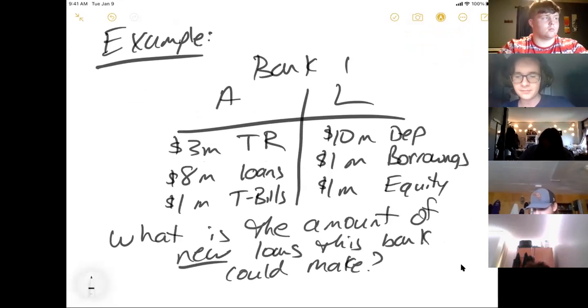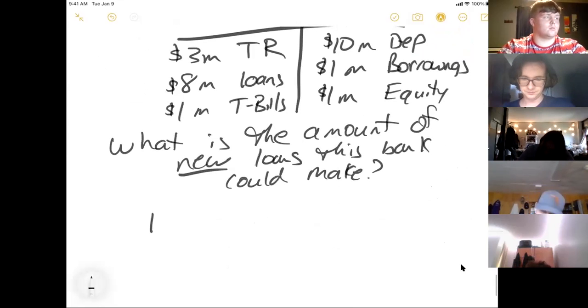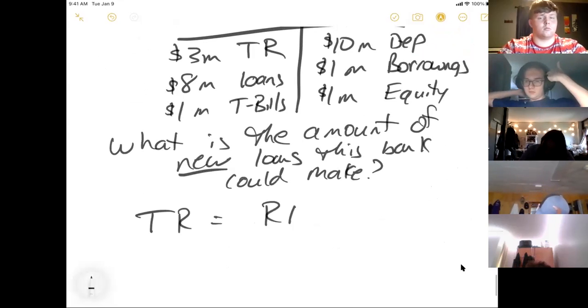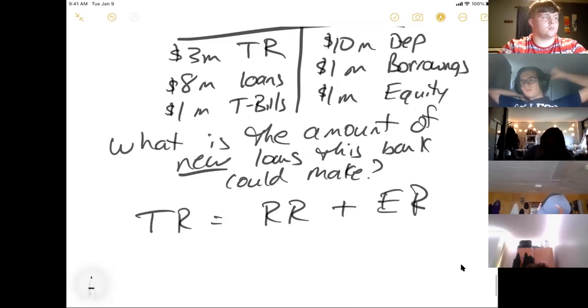What's the amount of new loans that this bank could make? We know that total reserves is equal to required reserves plus excess reserves.